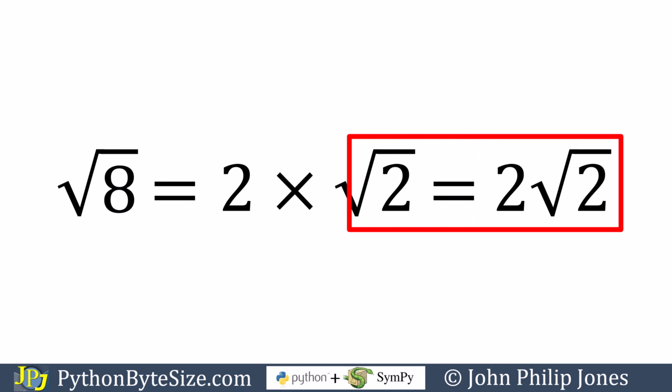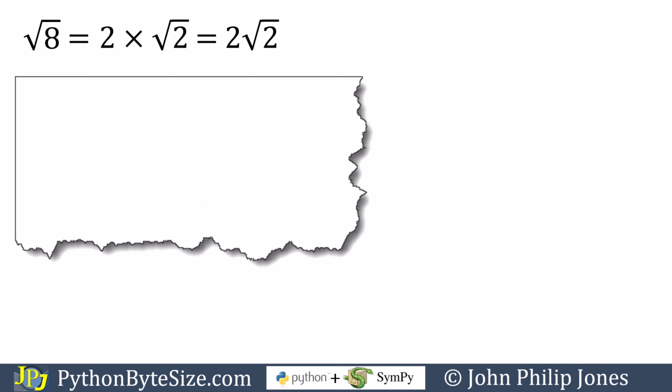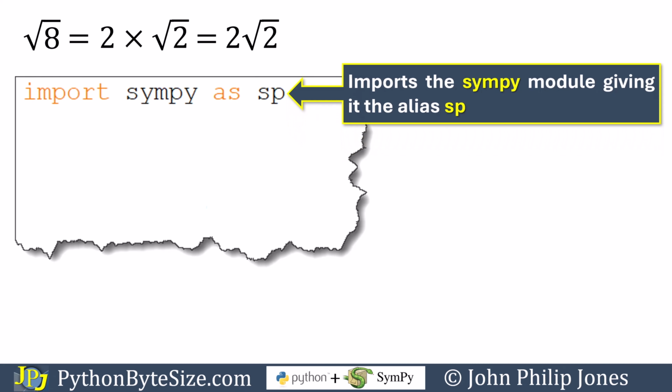Now I'll just take this onto the next slide and we'll look at the computer program that will use sympy to find the square root of 8. In order to use sympy, we have to import it. You can see here we're importing the sympy module and we give it the alias sp.